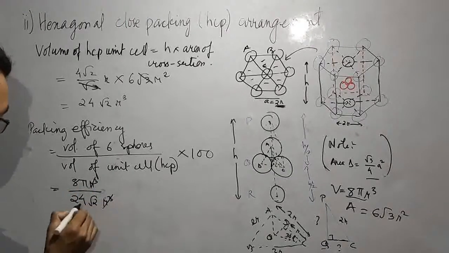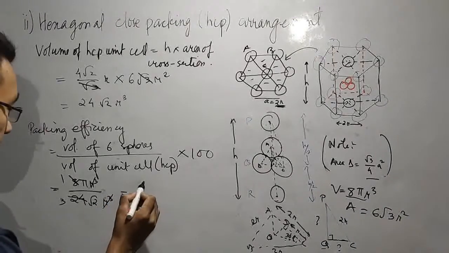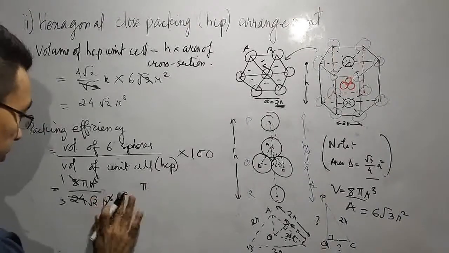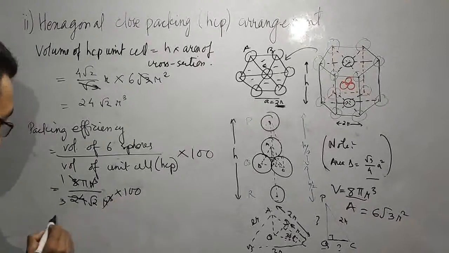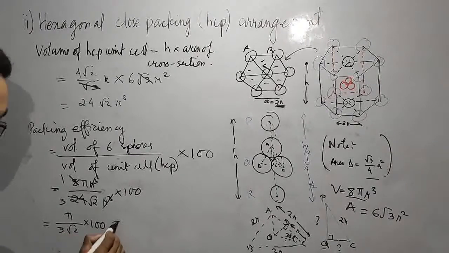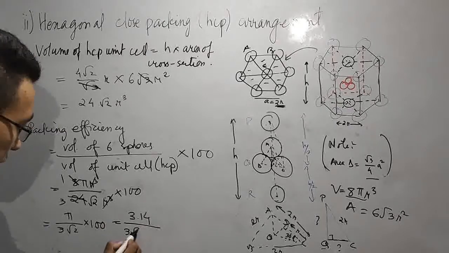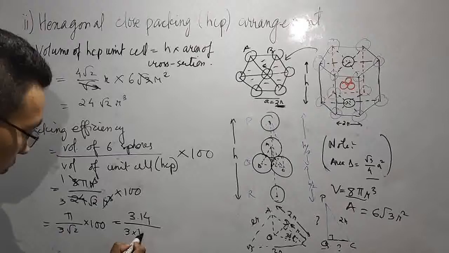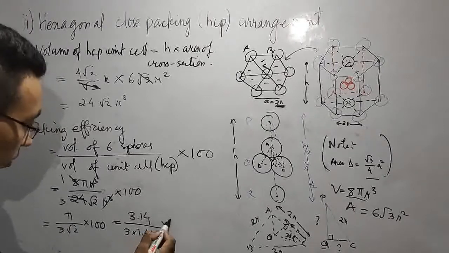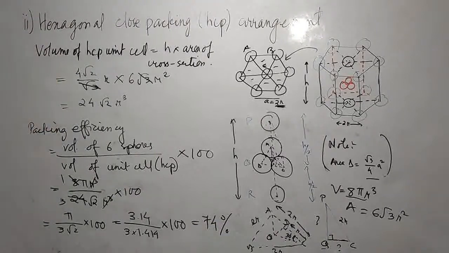So r cube gets cancelled, 8 ones are 8, 8 threes are 24. And one more thing, multiplied by 100, then we get pi by 3 root 2 multiplied by 100. So 3.143 divided by 1.414 and multiplied by 100, we get 74%. So that is the value for the hexagonal close packing arrangement.